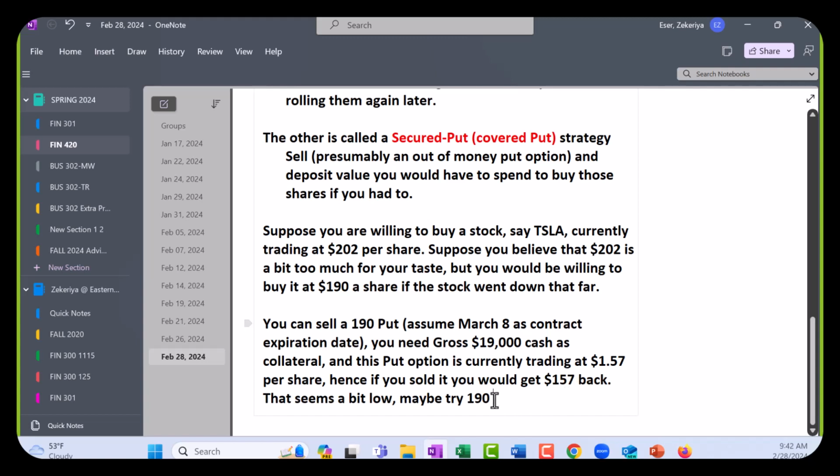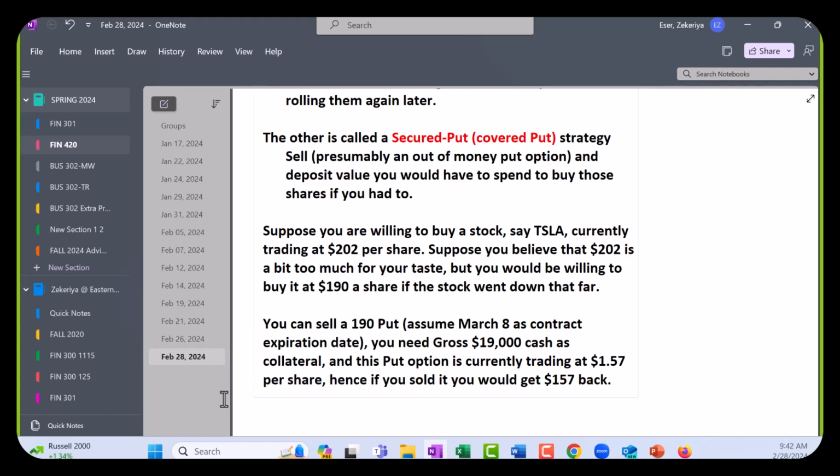So net, you're gonna get 157. Your net investment technically is 19,000 minus 157, 18,843.